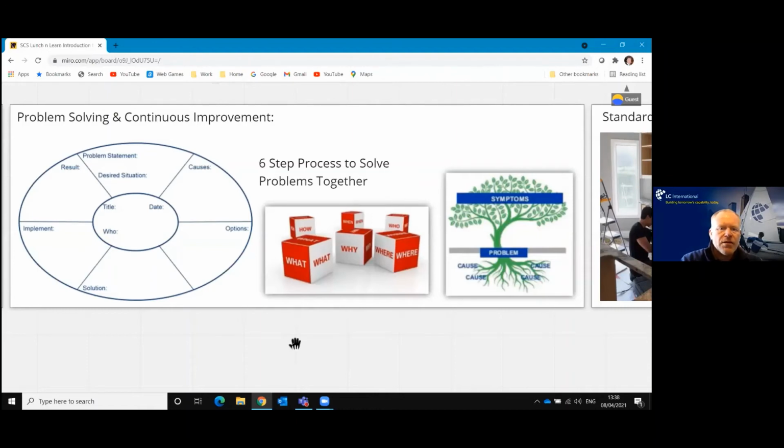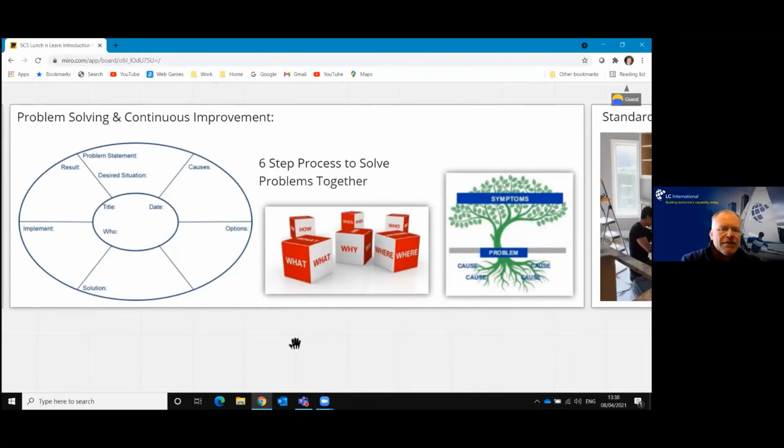Why didn't what we planned to happen actually happen? And we can go through this 6-step approach to say, what were the potential causes of why we're seeing the things that we hadn't planned? We can identify from those causes what the potential options are to improve, which will feed into the solutions that we can take as a team.